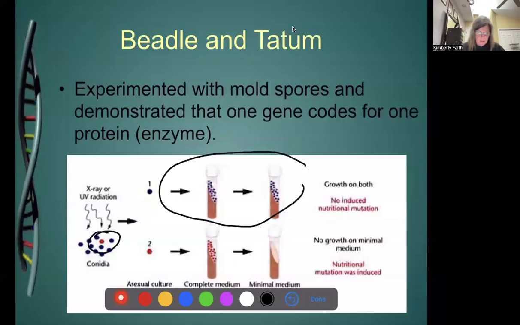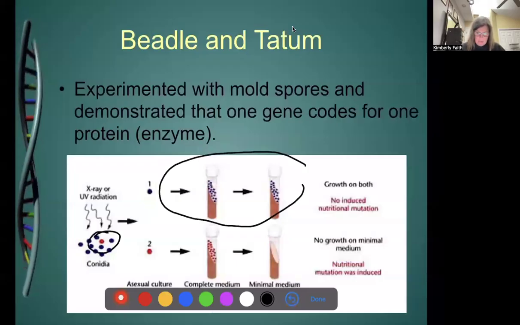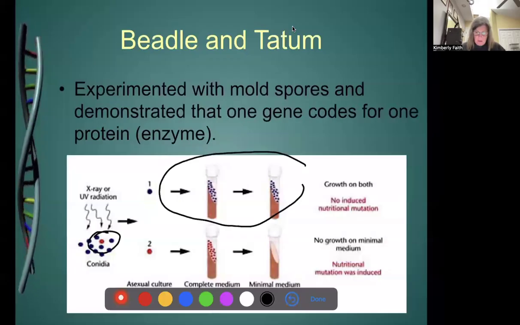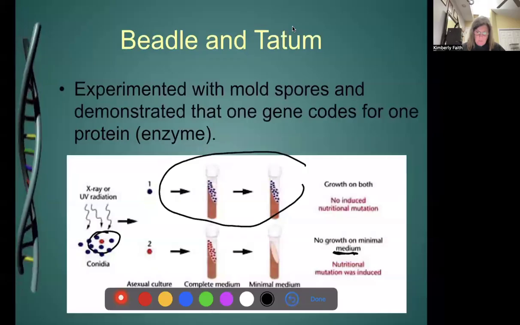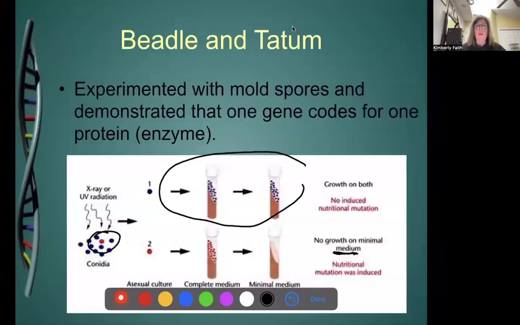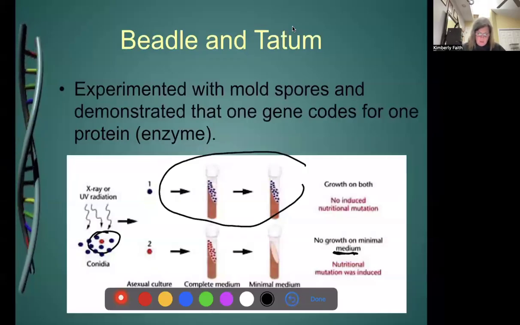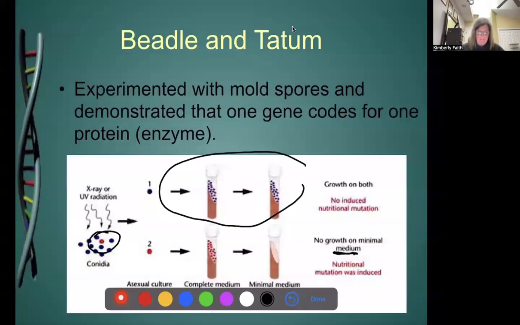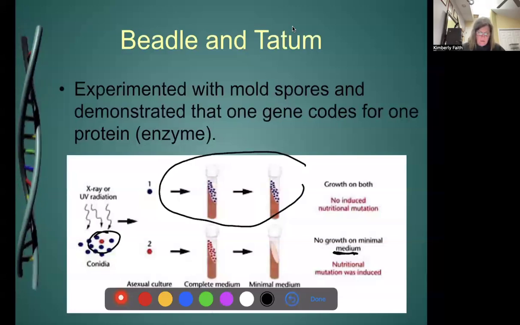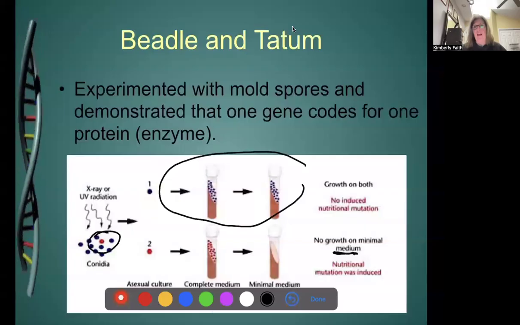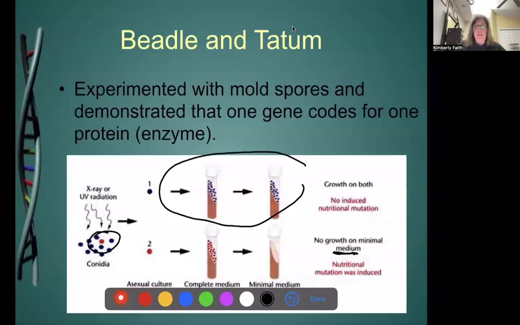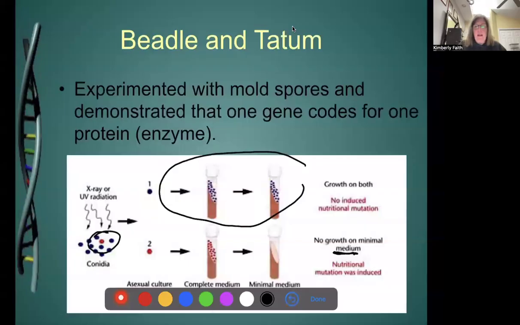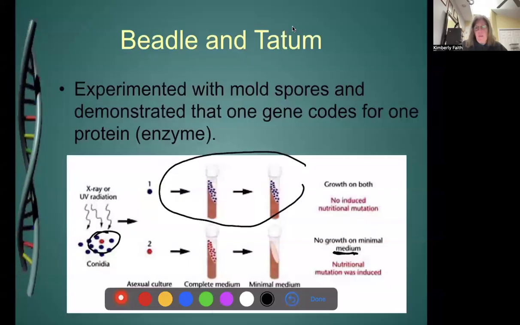With that mutation, they grew, but when they put them on a medium with minimal materials in it, they could not survive. So there was an enzyme that was mutated that did not allow them to grow with the minimal nutrition in the test tube.